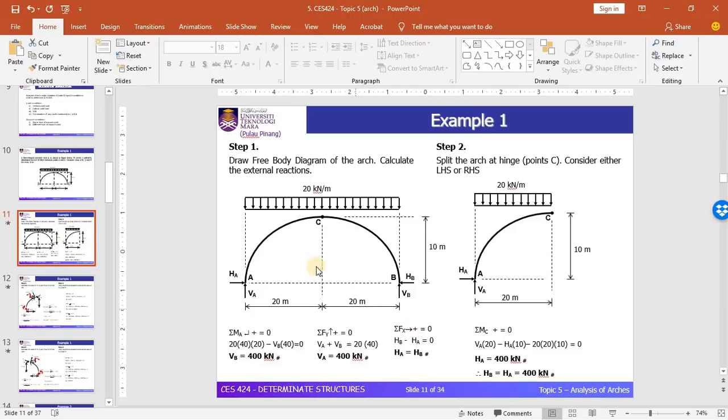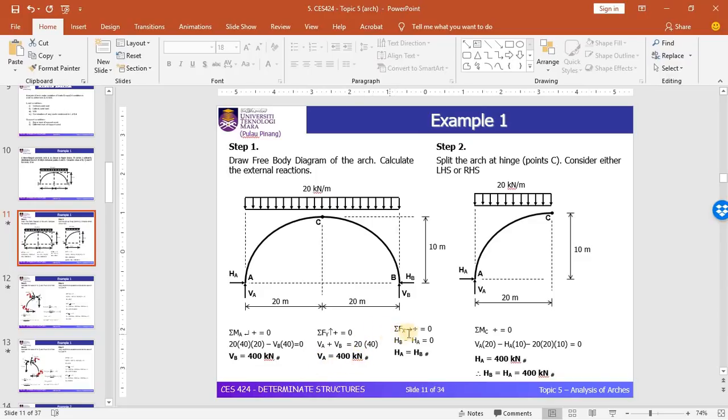As a first step, you need to find the reactions. The normal three equilibrium equations that we have applied many times in previous structures, such as beam, truss, and frame, are used. Based on this solution, you take a moment at A to solve the vertical reaction at B, and considering another equilibrium equation, the summation of vertical forces equal to 0, you will solve for VA.